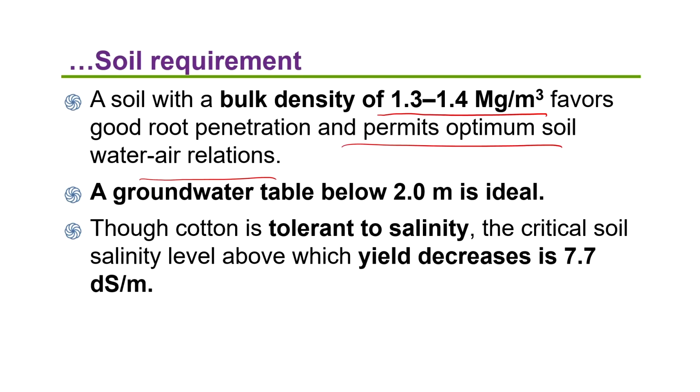A groundwater table of below 2 meter is ideal. If it is too shallow, then problem of salt accumulation can also happen and root growth can be limited. Though cotton is tolerant to salinity, the critical soil salinity level above which yield decreases is 7.7 decisiemens per meter.